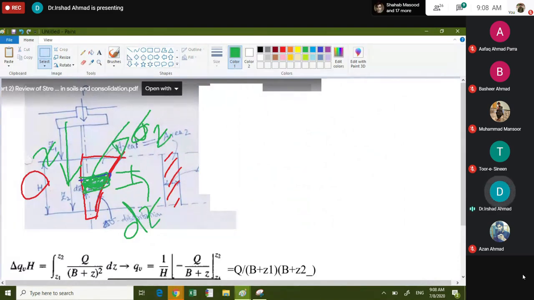So the area of this small strip, dA, is equal to what? Can anybody tell me what is the area of this small strip? Faryal Keramat, can you tell me?